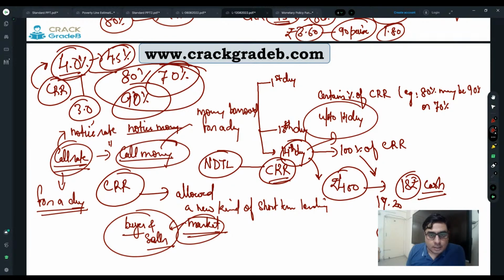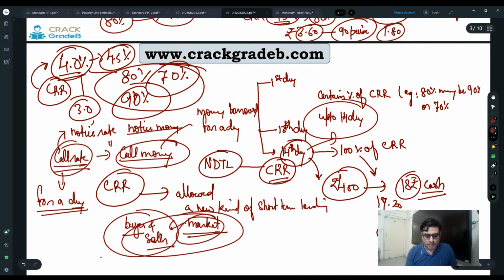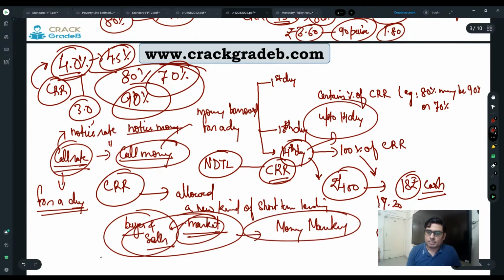So technically speaking, though CRR is an instrument of monetary policy, agreed, the main purpose of CRR is what? It is to manage the market where short term lending and depositing is happening, and this market is basically part of the money market.